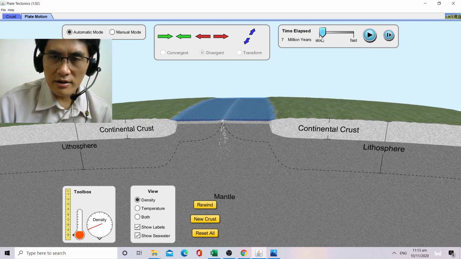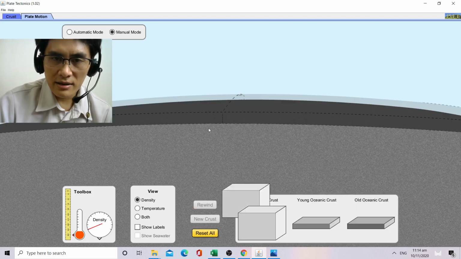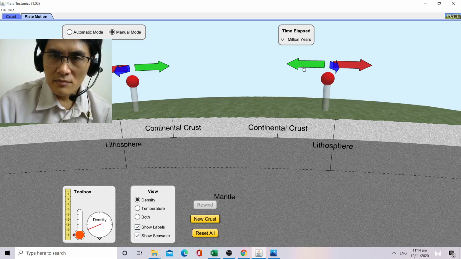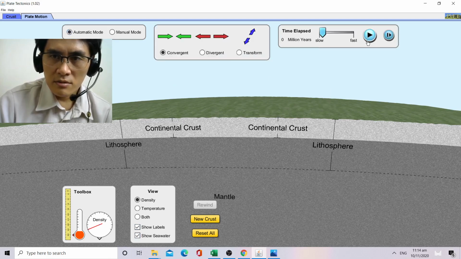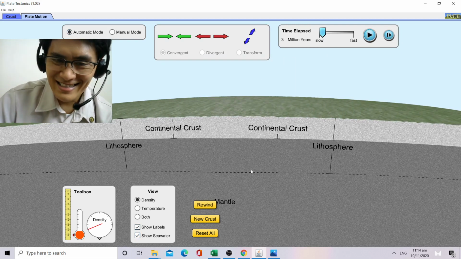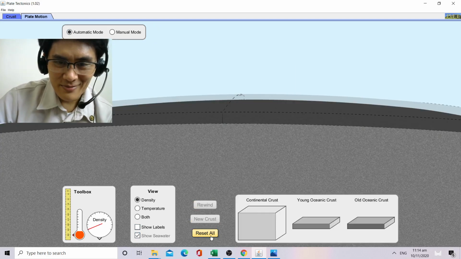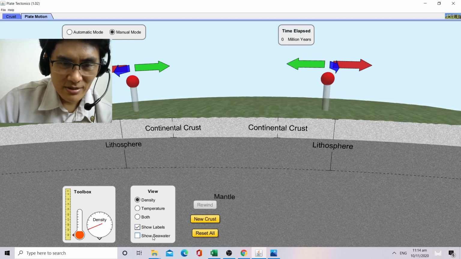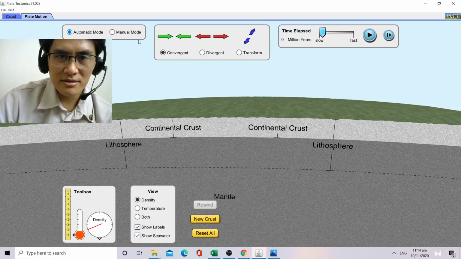At the start of all of that, let's play and then pause. I'm sorry, again I chose convergent type. Let's reset. Continental, continental, show label, show seawater, automatic mode, divergent this time. Play.